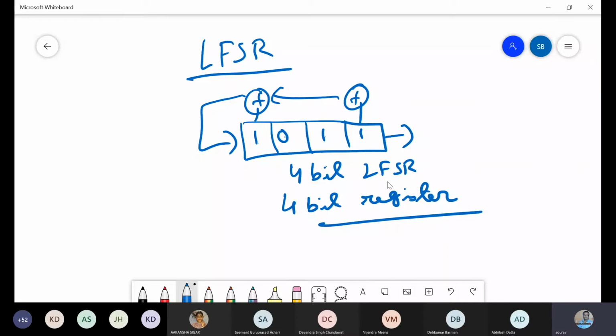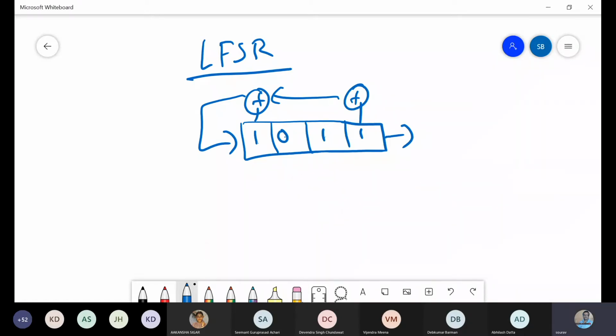Now when we clock it, this will come here, this will come here, this will come here, and this one will be out. That is our first key stream bit, and this field will be filled by the feedback.